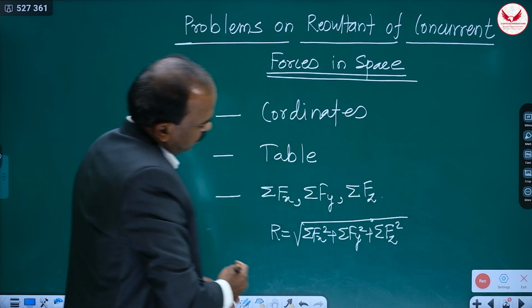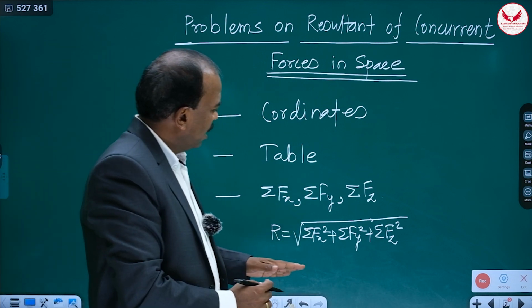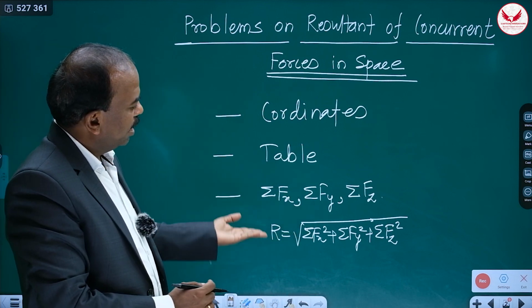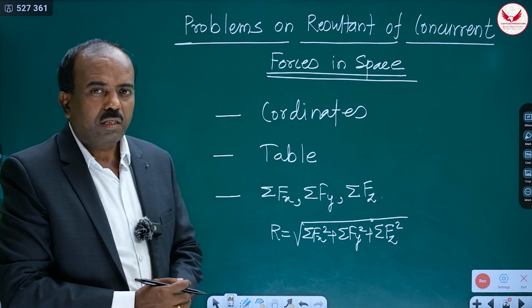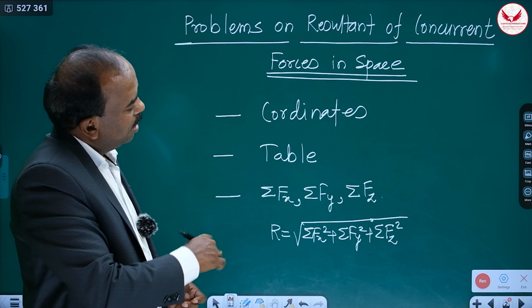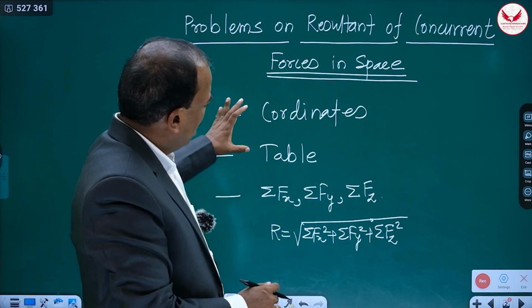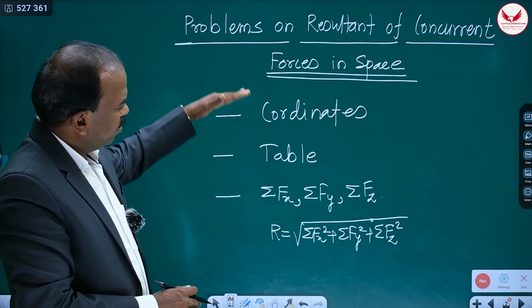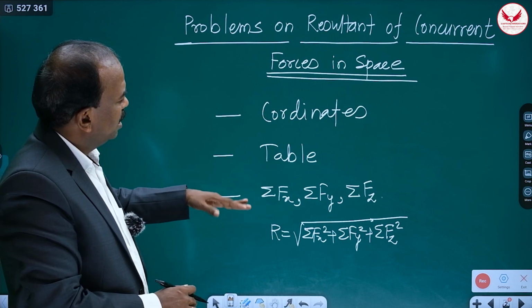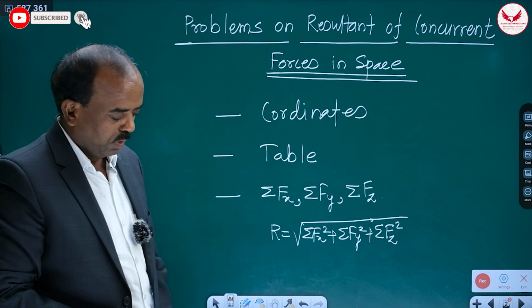And if direction is asked, then you can calculate theta x, theta y, theta z by using cos inverse of summation Fx by R. Likewise, you can calculate theta y and theta z. So in general, these three steps for resultant of concurrent forces in space, you have to remember. It's very simple, very interesting also.